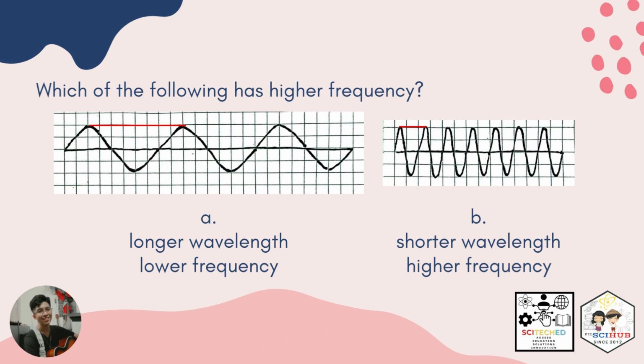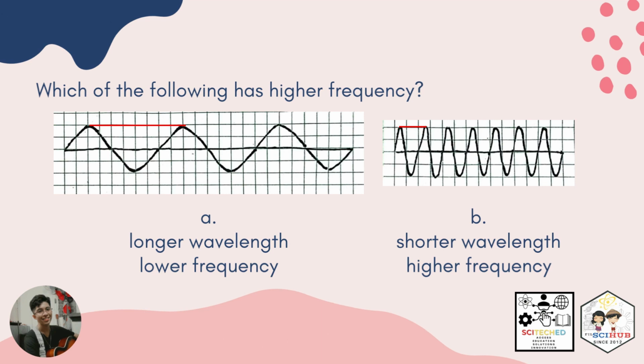While B, having shorter wavelength, has higher frequency. Students, I want you to remember that in letter A, longer is associated with lower. Just remember two letter L's. L for longer and another L for lower.